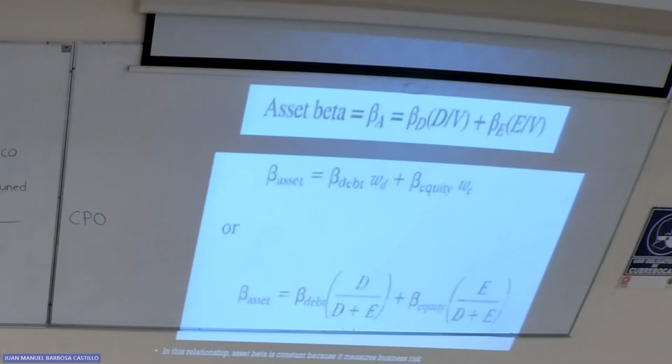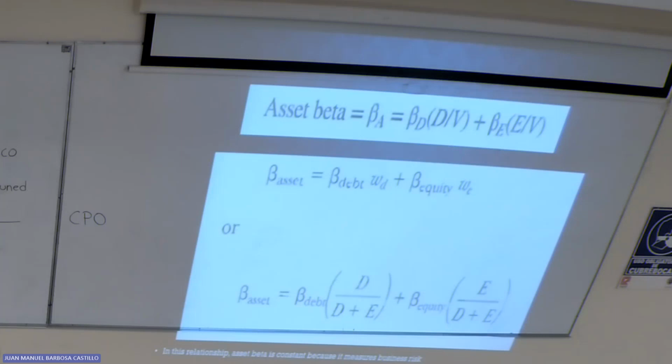Many times we assume the debt beta of a firm to be 0, even if it's not completely true. But we have to be aware that if we use 0 market risk for a company whose debt is denominated 100% in floating rate, we are making a mistake. We are simplifying the analysis, but we are getting away from reality.